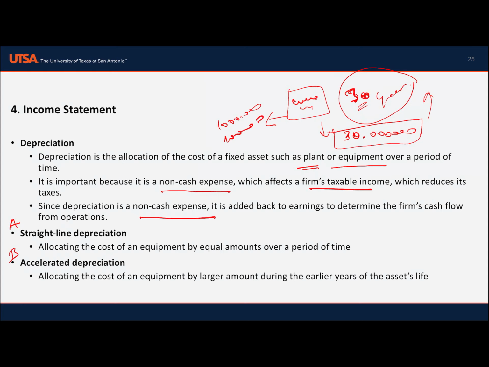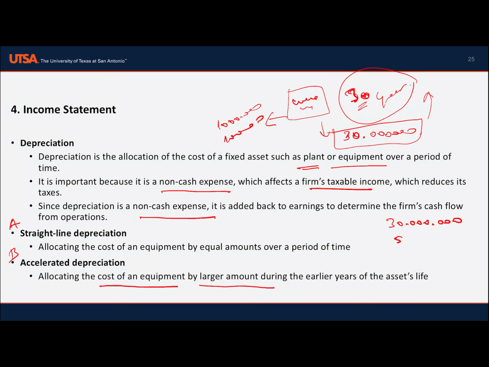Another method, accelerated depreciation, allocates the cost of equipment by a larger amount during the earlier years of the asset's life. For example, the value of the warehouse is 30 million.